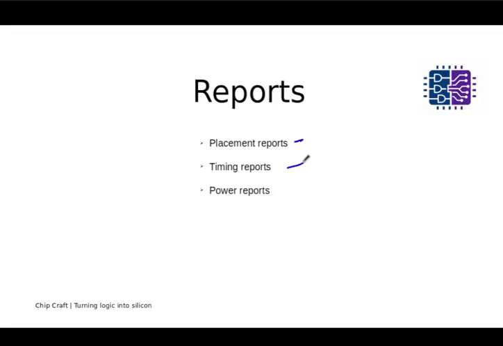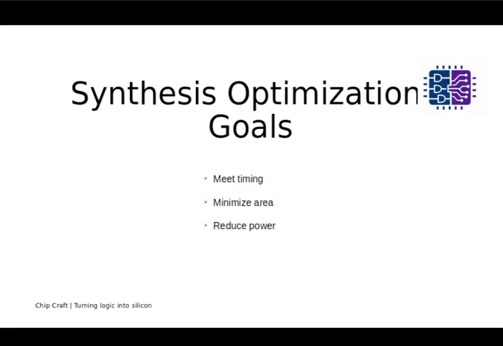In timing reports, we will see whether the clock period we have given is suitable for the chip or not. And in power reports, we will find the leakage power and the total power consumed by the chip.